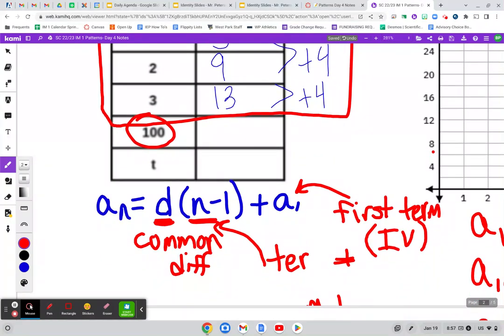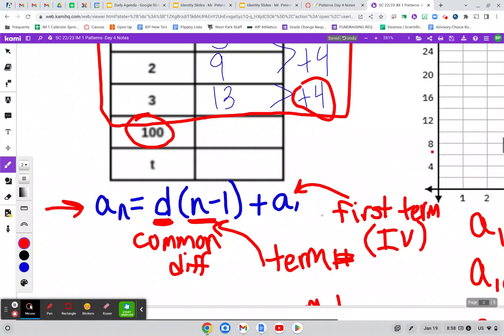What we established in the day 2 notes was this explicit arithmetic formula, where D is the common difference, and we're going to add that common difference, in this case 4, n minus 1 times, on top of the initial value, or the first term. That's supposed to say term number. N is the term number, D is the common difference, A1 is the first term.